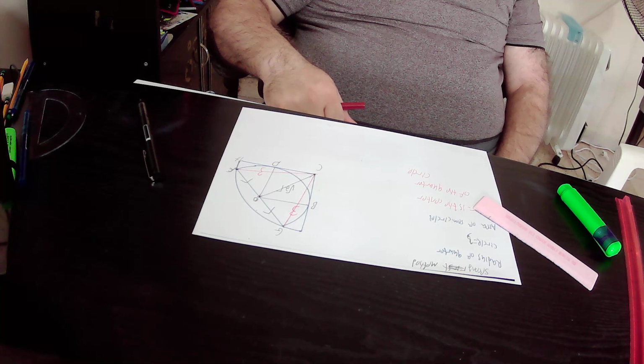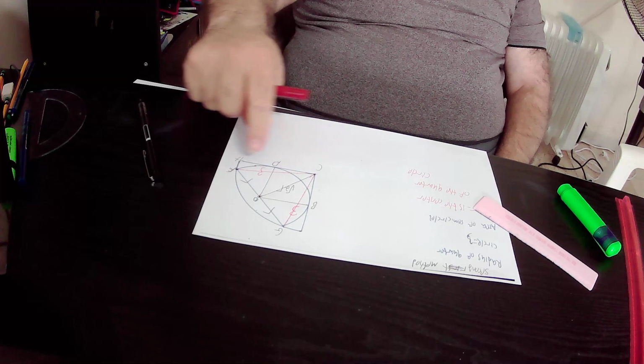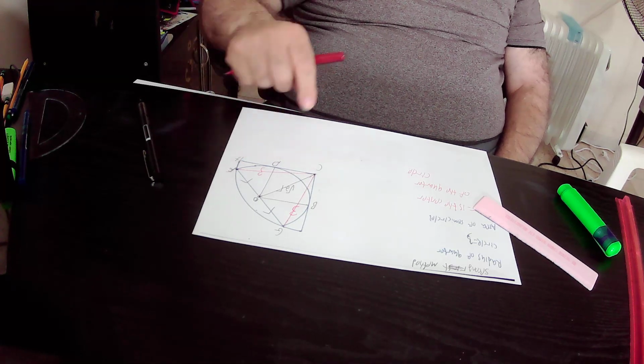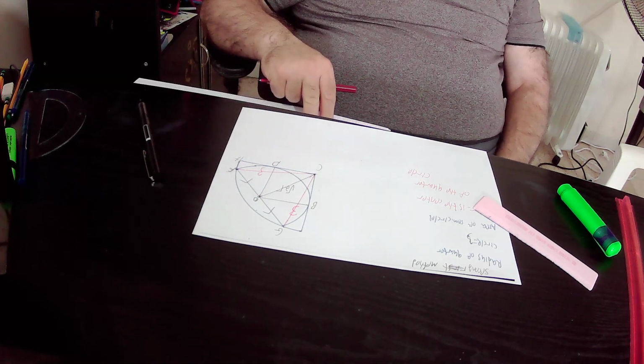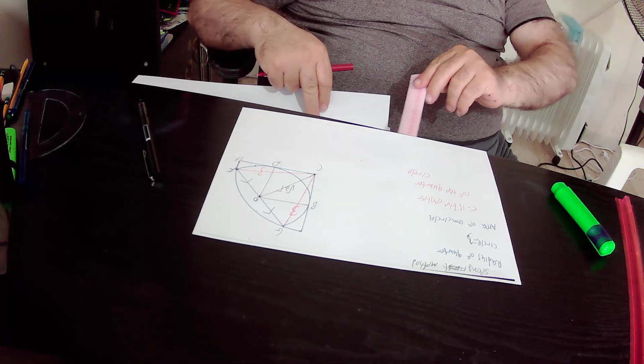Okay, so I will copy the triangle GCF in a new page, and we will analyze the triangle. Okay, we have the isosceles triangle CGF.